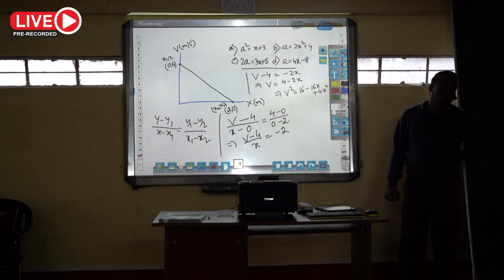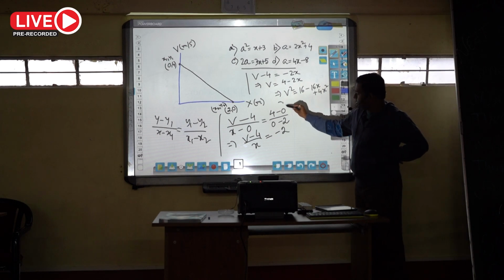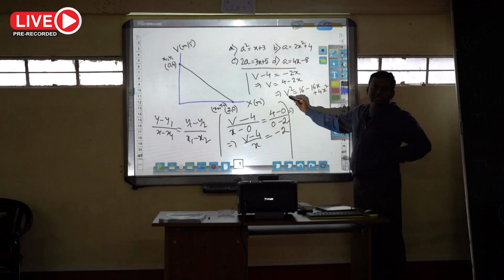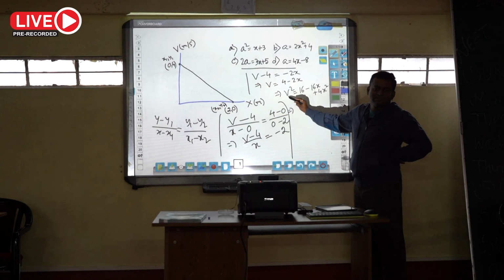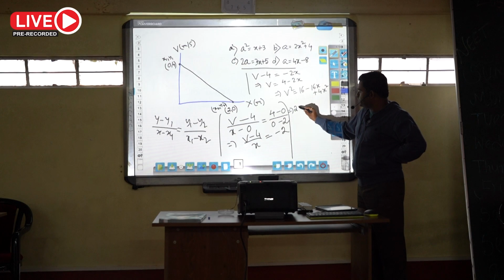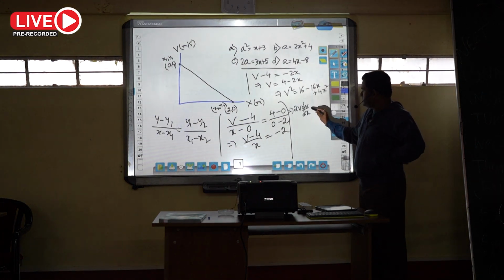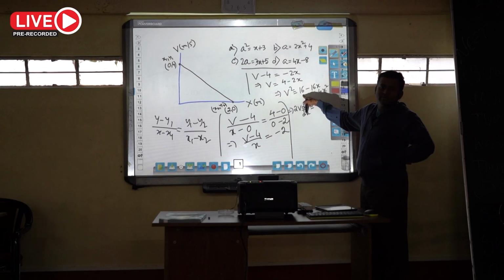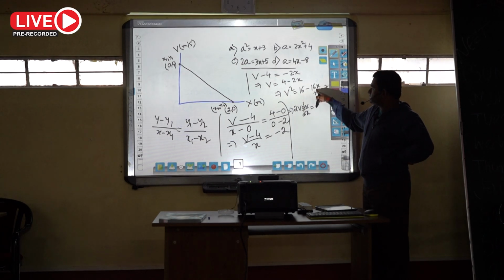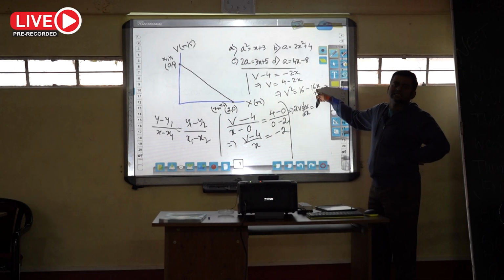Now I want to take a differentiation of both sides with respect to x. So it will be, left side. What is its differentiation with respect to x? 2v dv dx. Its derivative will be 0. This term's derivative will be minus 16.